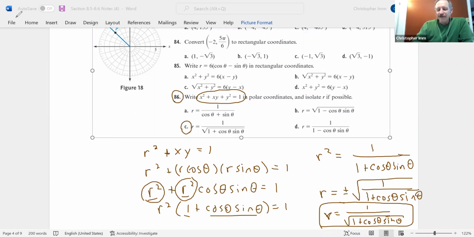The one thing you need to really watch out for is when you go into window, you will see that it's either set for radian or degree mode. Mine is definitely set for radian mode because you can see that my window goes from 0 to 6.28. That's 2 pi, so that's going to give me 1 revolution.